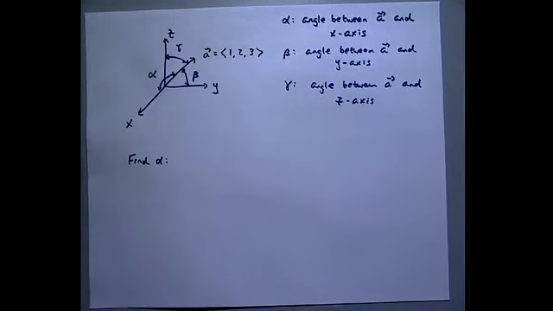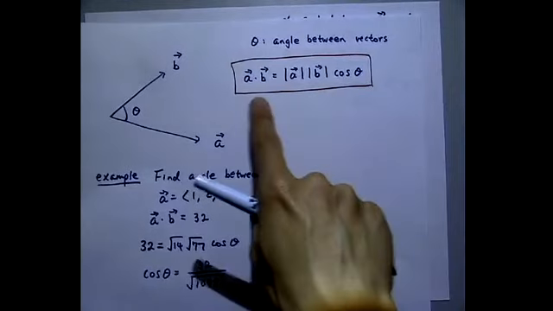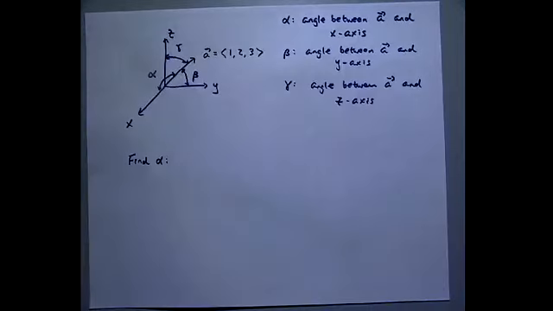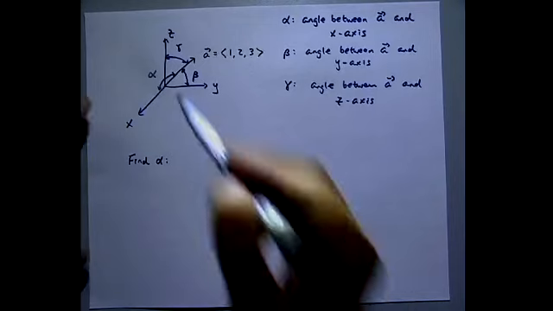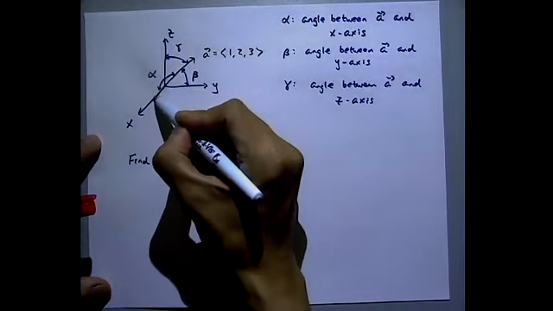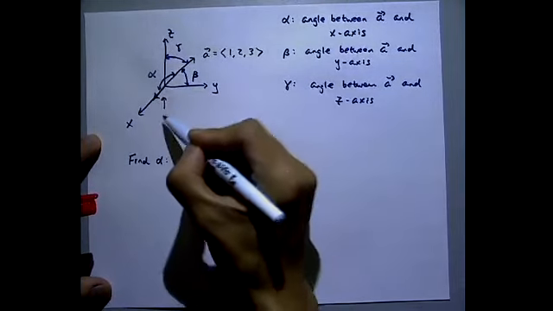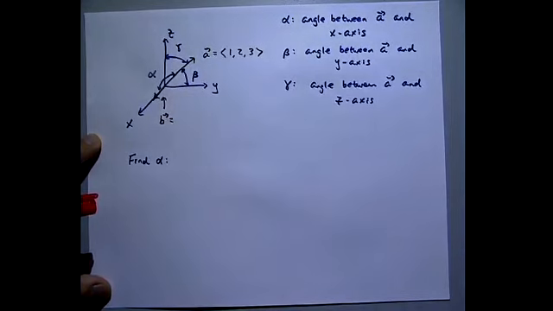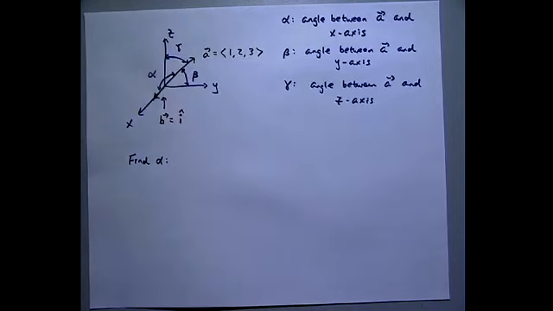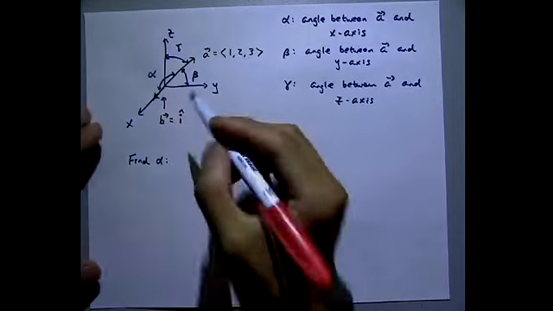So what we're going to do here is to use this formula again. A dot B is equal to magnitude of A, magnitude of B, cosine theta. So we're going to say that a new vector B is sitting right on the x-axis. In fact, I'm going to make it simple and make it a unit vector in the x-axis, the i vector.